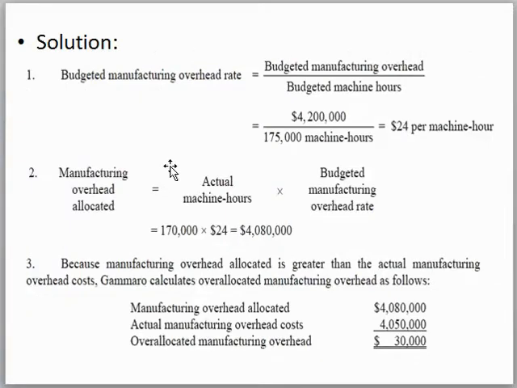So, the answer of the first question: budgeted manufacturing overhead rate equals budgeted manufacturing overhead cost divided by the budgeted machine hours. $4,200,000 divided by 175,000 machine hours will give us $24 per machine hour. It is the rate.